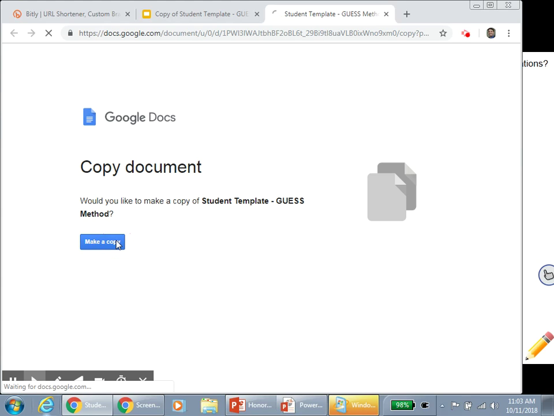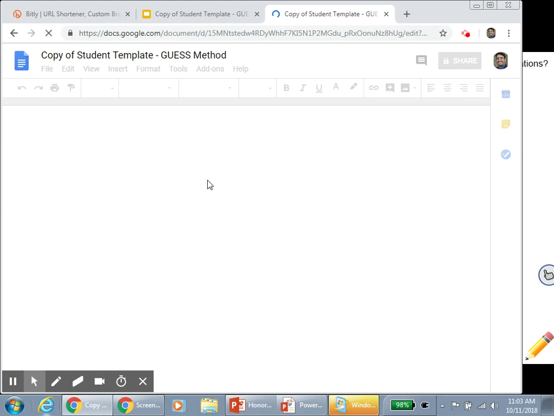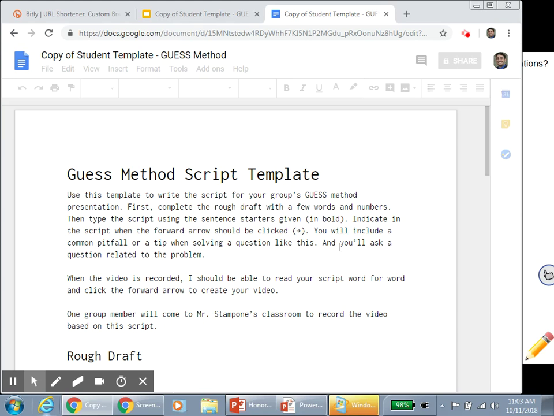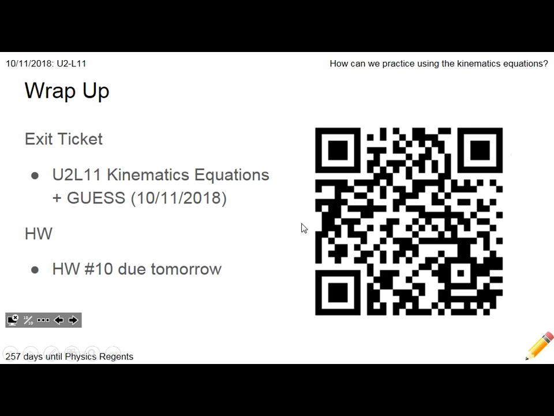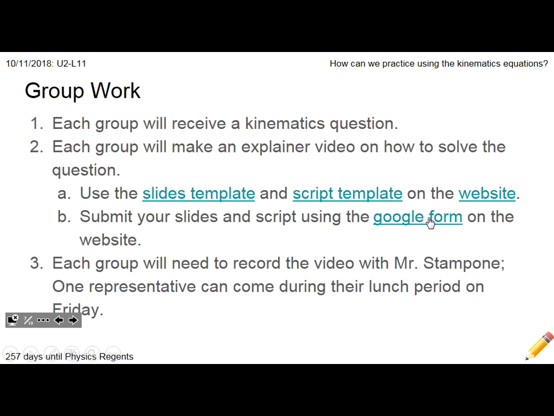It makes a copy when you click on it. You have the place where you would write the words that someone in your group is going to say. Again, I have directions here. And then finally, you submit all of that using the Google form.